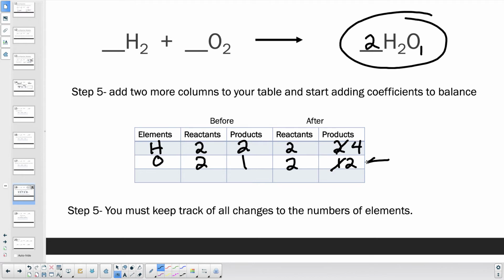So we've balanced here, but we're not balanced here. So what we're allowed to do now is go to the reactant side, which would be this right here, to try to get this to equal 4. So let's come over here to the reactant side for hydrogen and try to figure out what we could do to make it 4 hydrogen instead of 2.